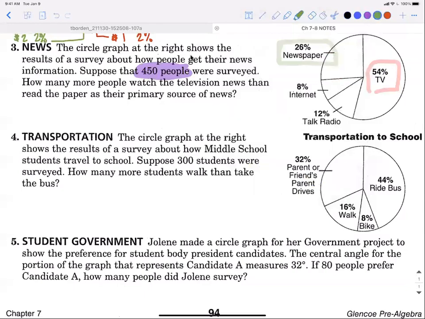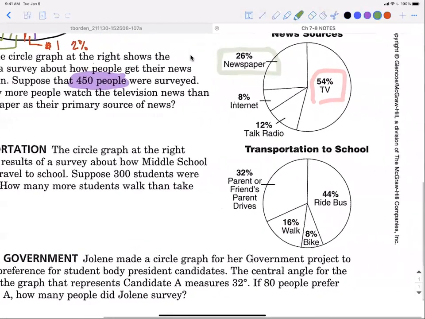So if I'm just looking at my TV people, 54%, I know that anything that's written as a percent goes over 100. 54% of, what's my total number of people here? 450, right? I know that 54% of 450 watch TV. So can I solve for X? And then I know how many people watch TV.